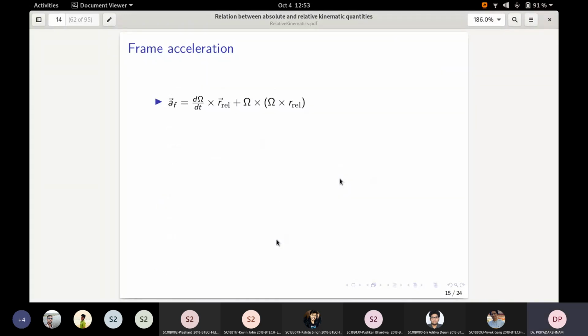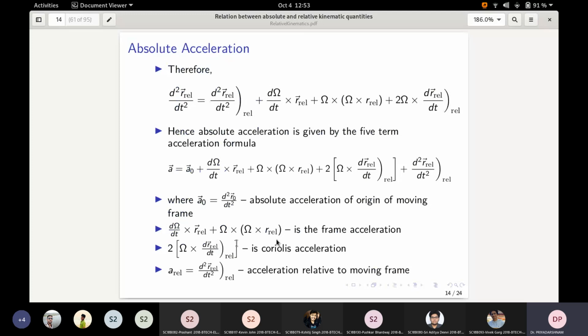So let us look at this quantity which is called the frame acceleration: d omega by dt cross RL plus omega cross omega cross RL. You can notice that the motion of the vehicle is not considered here, that is the relative velocity or the relative acceleration. When you set those components to 0, if you imagine only the frame to be moving, then this is the frame acceleration which is felt by the object.